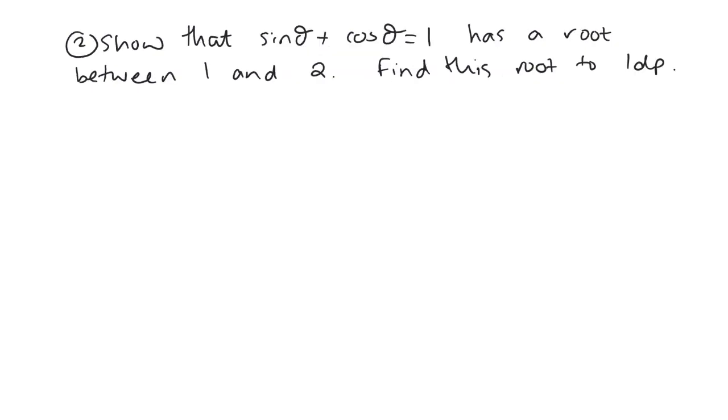Our second one then: show that sine theta plus cos theta equals 1 has a root between 1 and 2. The first thing we need to do is bring this 1 over so it equals naught. So f of x equals sine theta plus cos theta minus 1.